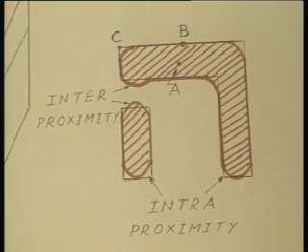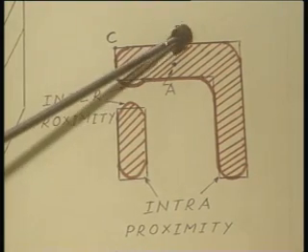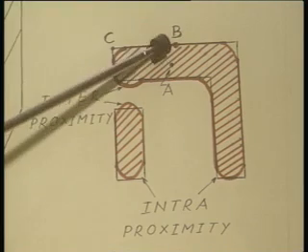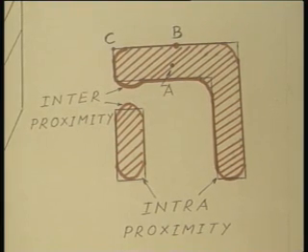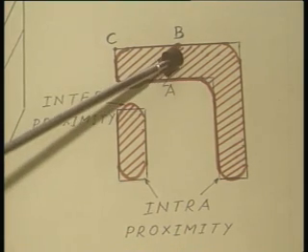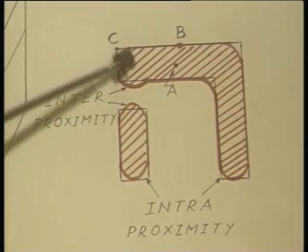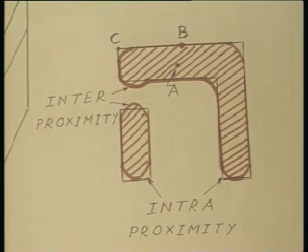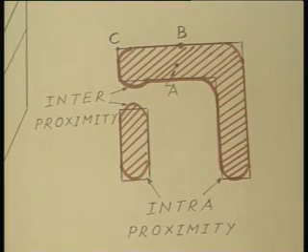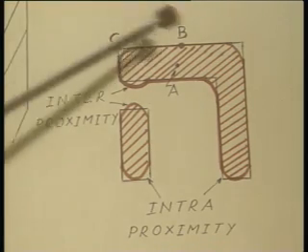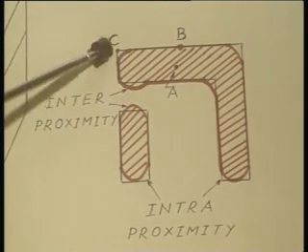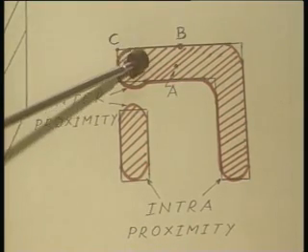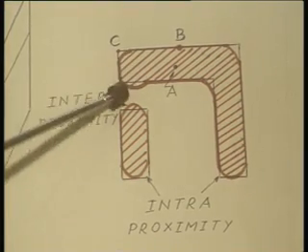Usually, it is adjusted for point B, that is the E-beam radiation time is adjusted such that point B is fully developed. But when we ensure that point B is fully developed, chances are that point C will not be fully developed and therefore, instead of realizing the actual L shape, we would have a curved corner like this. Point C will not really be fully developed and therefore, the pattern will look like this, curved.